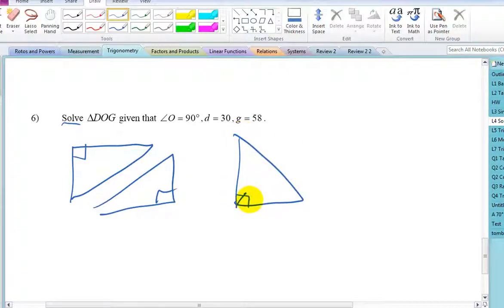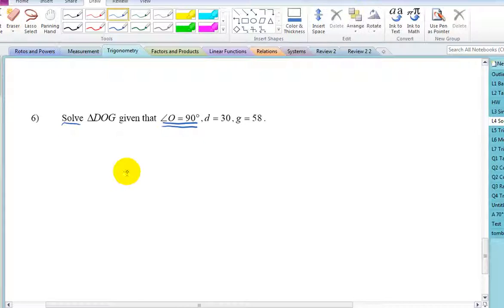It doesn't matter which way you draw it, as long as it's a right angle. We know it has to be a right angle because that's what it tells us with angle O. So I'm just going to arbitrarily choose one way. Okay, so here's my right angle triangle.